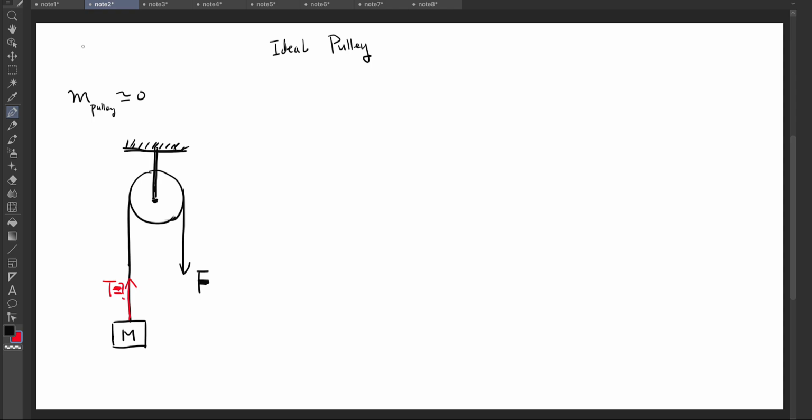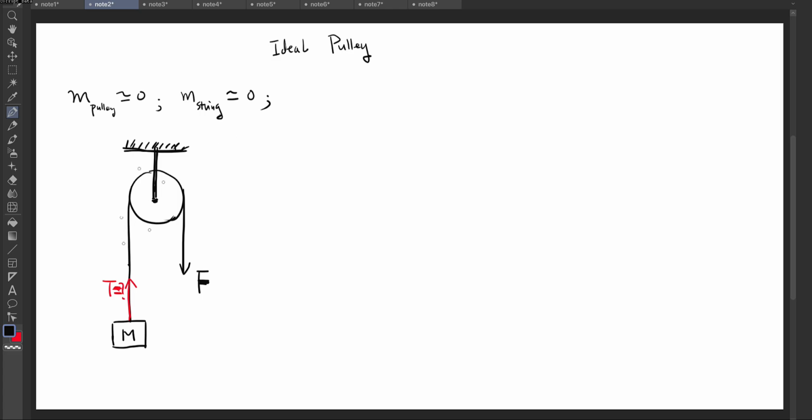Now, for a regular string, we know from the previous discussion, F equals T, right? If we think about the ideal string here. So now that condition will come in here for the ideal pulley. It will also mean the mass of the string or mass of the rope is almost 0, so you don't need to consider that.